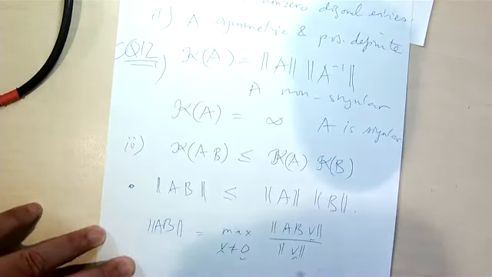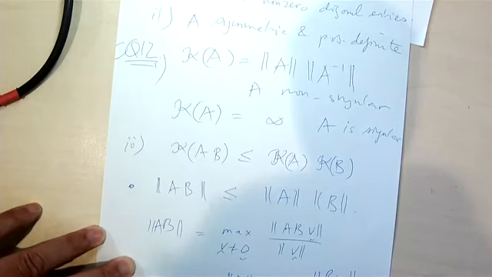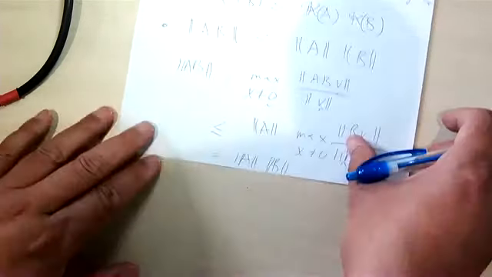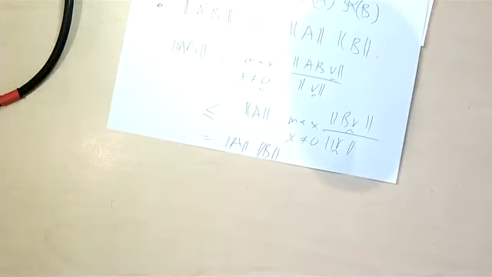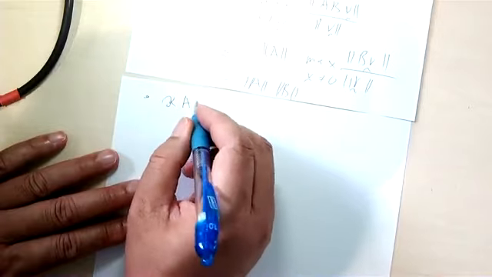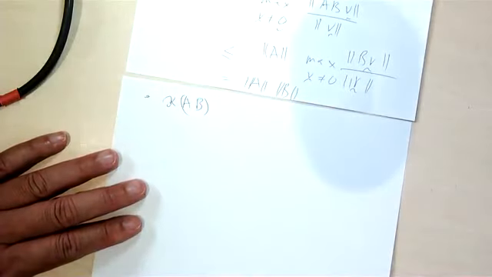And then this one will be less than or equal to the norm of A times the max of the norm of BV over the norm of V. And this one is just the norm of A times the norm of B. Yeah? And after that you just take the condition number of the product.